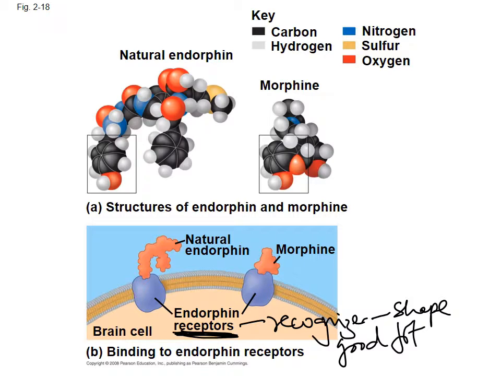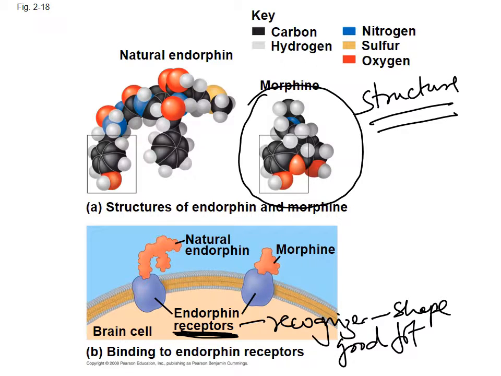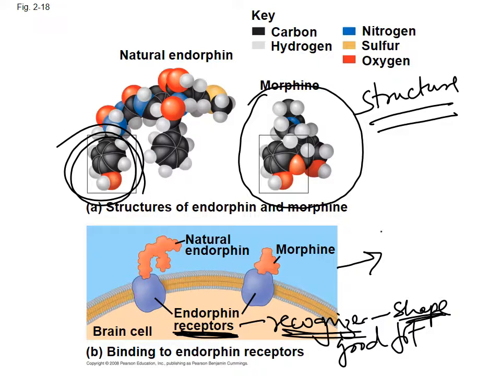So this is your natural endorphin and this is the receptor for it, and it recognizes it. Morphine, on the other hand, has a structure which resembles the structure of the natural endorphin, and so it is recognized by the endorphin receptors, and it exerts the same painkiller property.